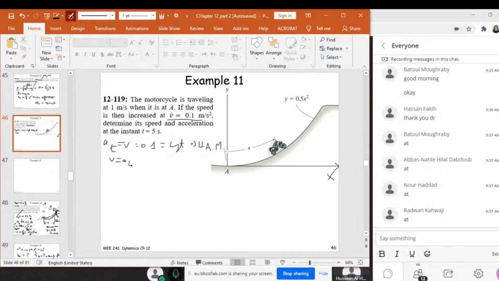It's a_t t plus v_0. Since a_t is constant, it is 0.1, and v_0 is given, it is 1. This means that v is equal to 0.1 t plus 1. Now I can find v at t equal to 5. It will be v equal to 1.5 meters per second.